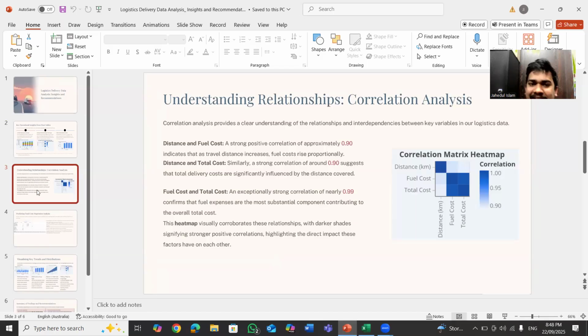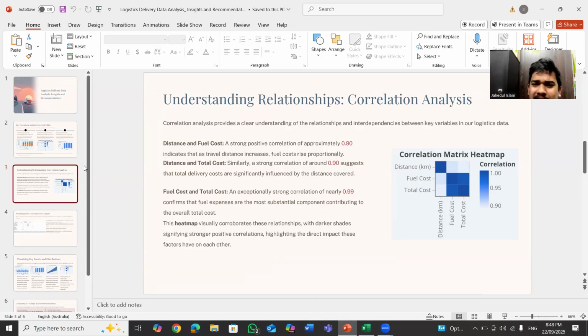So correlation analysis. Distance and fuel cost is approximately 0.90, which indicates that as travel distance increases, fuel cost rises proportionally, and similarly for distance and total cost. A strong correlation around 0.90 suggests that total delivery costs are significantly influenced by the distance covered.